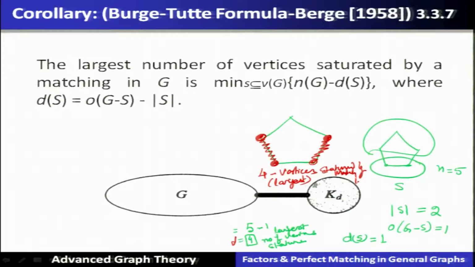So, this particular formula can be utilized. If the graph does not have a one factor, then it can identify the maximum or the largest number of vertices which can be saturated by the matching.